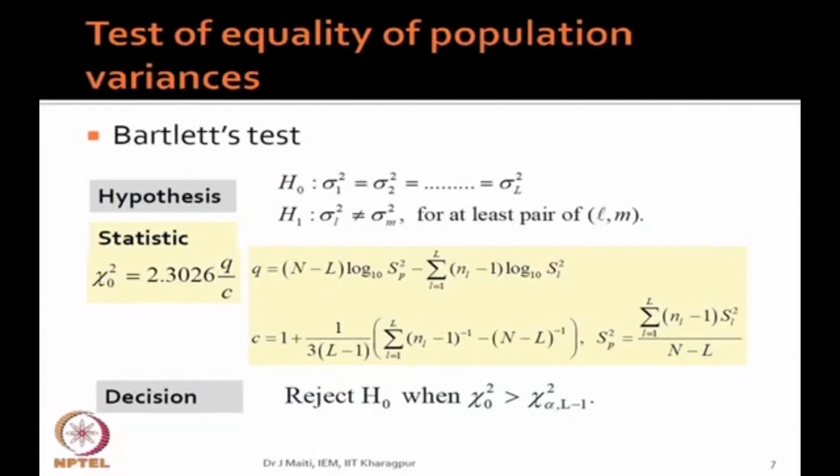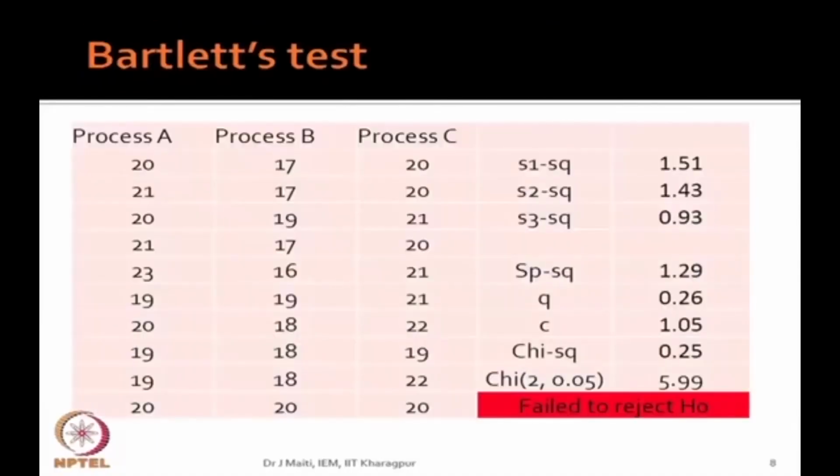Correct. I think you have seen the similar thing earlier also; we are repeating. See the same problem. We have 30 observations, 10 from each of the processes. We have calculated the variance for the first process, that is 1.51, for the second process, 1.43, and for the third process, 0.93.